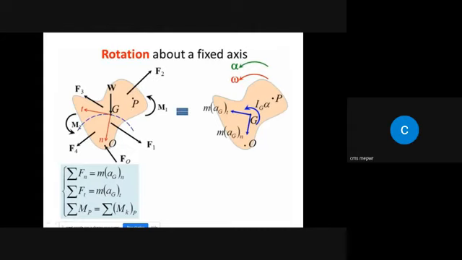Okay, so let's say this is the fixed point and that rigid body is rotating like this, so let's consider this path, the rotation path. Let's consider the mass center G, and let's define our n-t coordinate system at this point. Definitely the T will be along the tangent, tangent to the path, in the tangential direction.